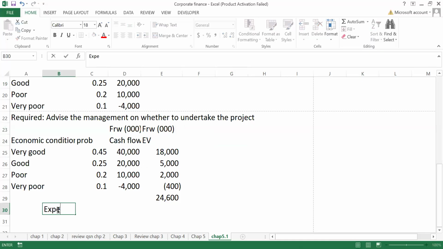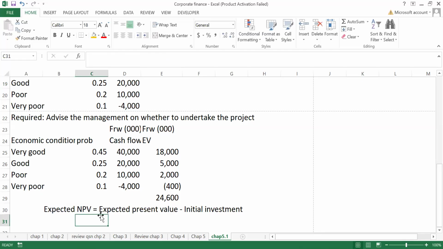Our expected net present value, NPV, will be equal to our expected present value, where these cash flows are discounted, minus the initial investment.